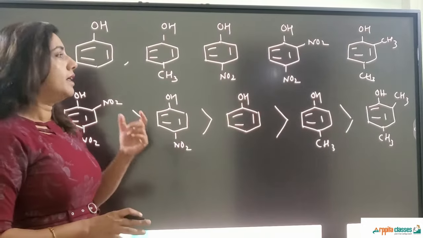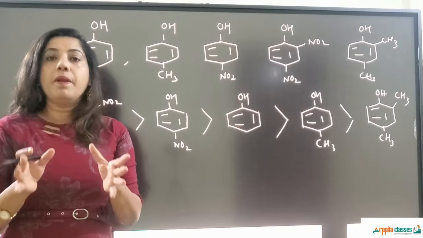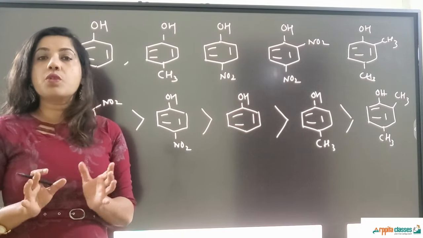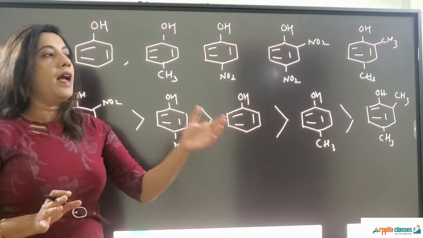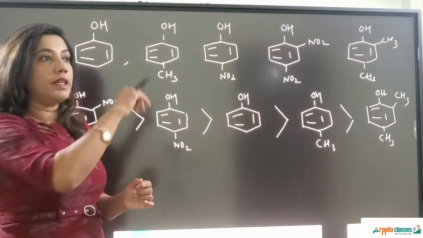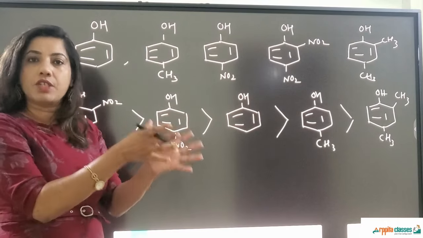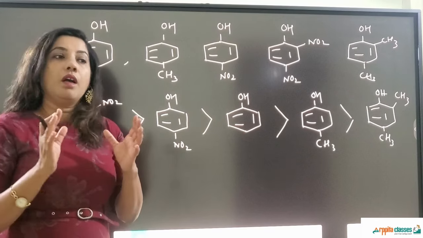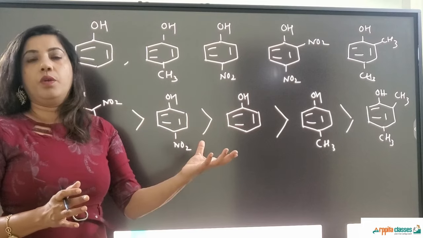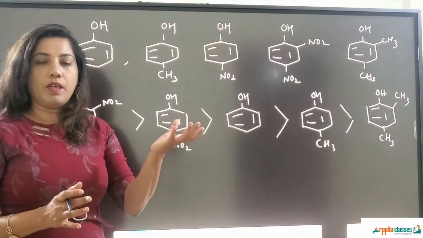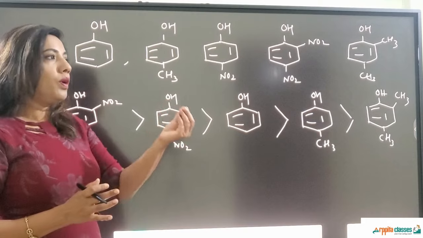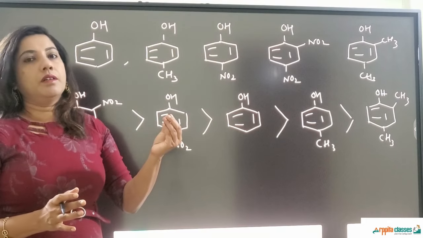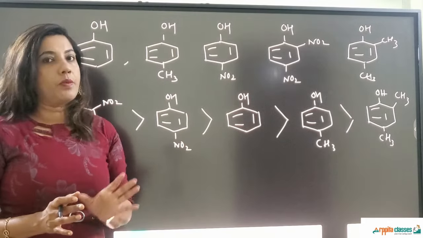Another thing is that a simple neutral atom is more stable than a charged one. Because of that, we need to look for the distribution of the charge. If there is a charge on an atom, how is the charge getting distributed? We need to look for the factors which are helping to distribute the charge. If that is happening, then again the stability of the conjugate base will increase.